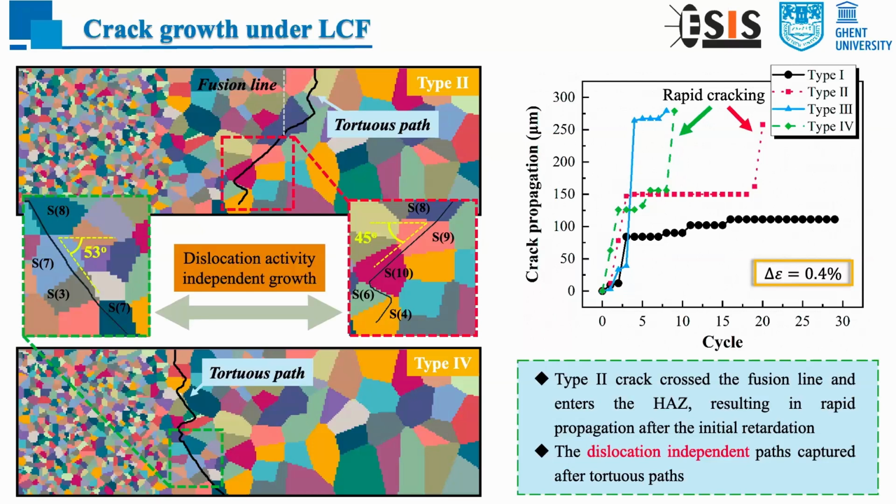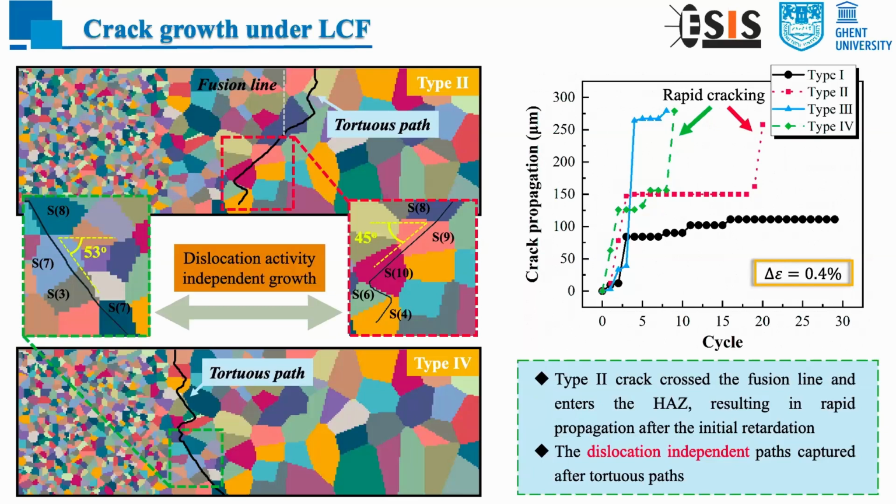As you can see, for type 2 and type 4 cracking, at the very beginning we see a tortuous path, which can be defined as the short crack propagation region, which is closely related to the dislocation activities. After that, we will see a nearly straight line at a certain angle to the loading direction. In this region, we will find rapid cracking.